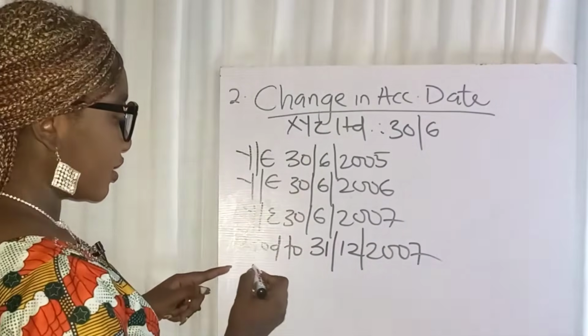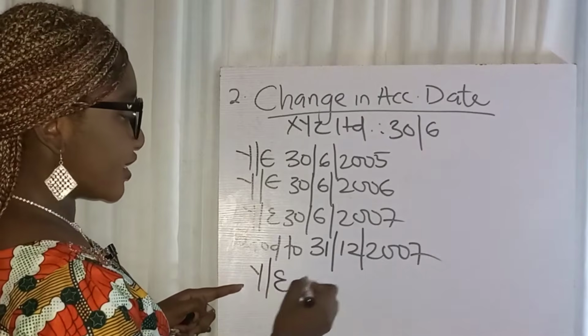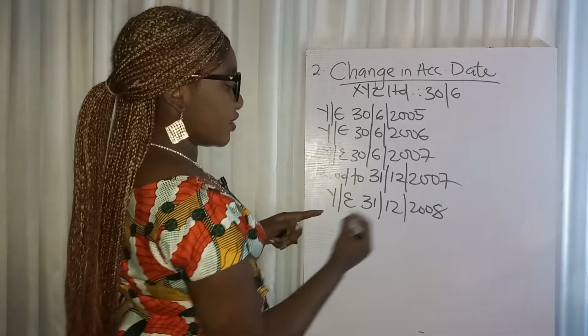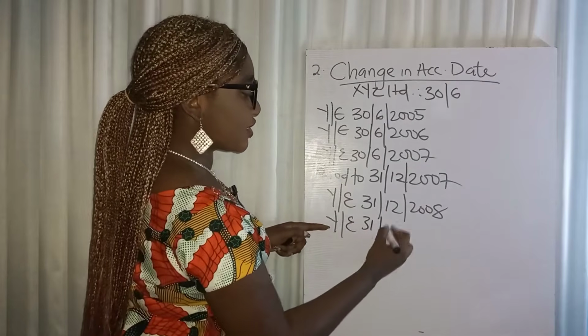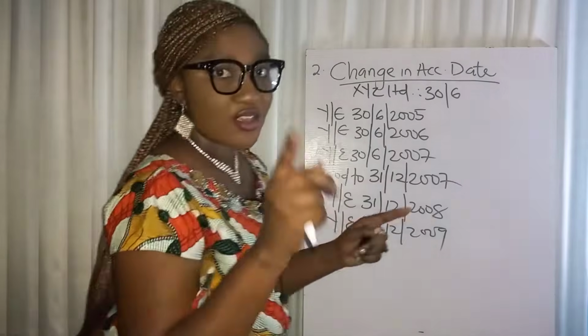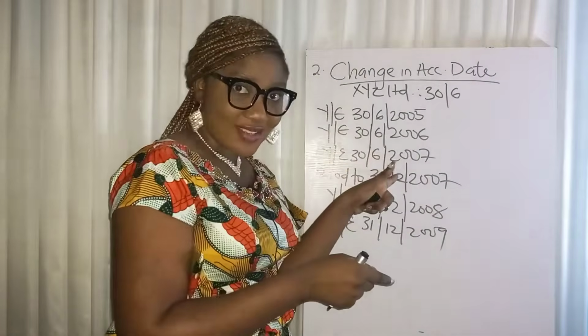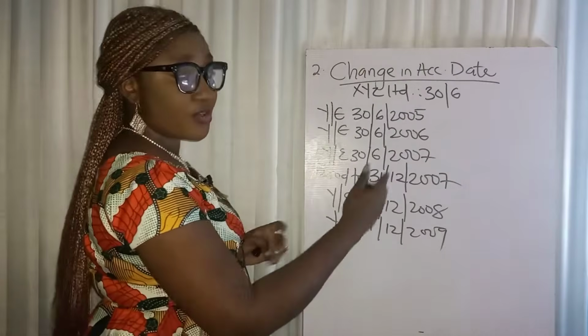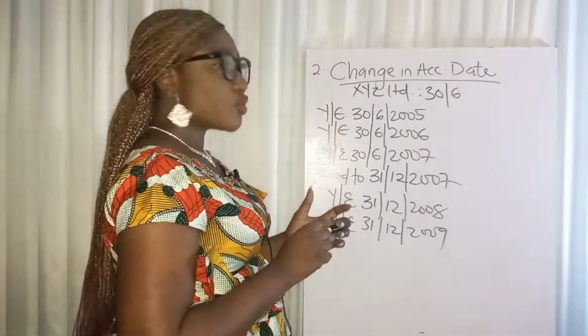Then they continue with year end 31st December 2008, year end 31st December 2009. What does this mean? It means that they have changed their accounting year end from the normal reporting at 30th June. It's now 31st of December. Do you understand? So that is an abnormal situation.